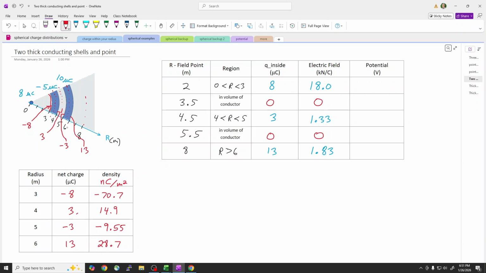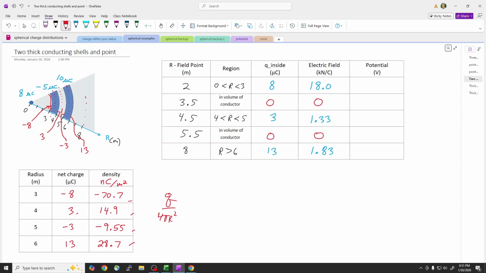The final outer surface, the net up to that point, 8 minus 5 plus 10 is 13. Right? So at that point, we can calculate surface densities with charges over 4 pi r squared surface areas. Right? So you should be able to calculate these values. While the charges are in microcoulombs, I have densities in nanocoulombs per square meter.